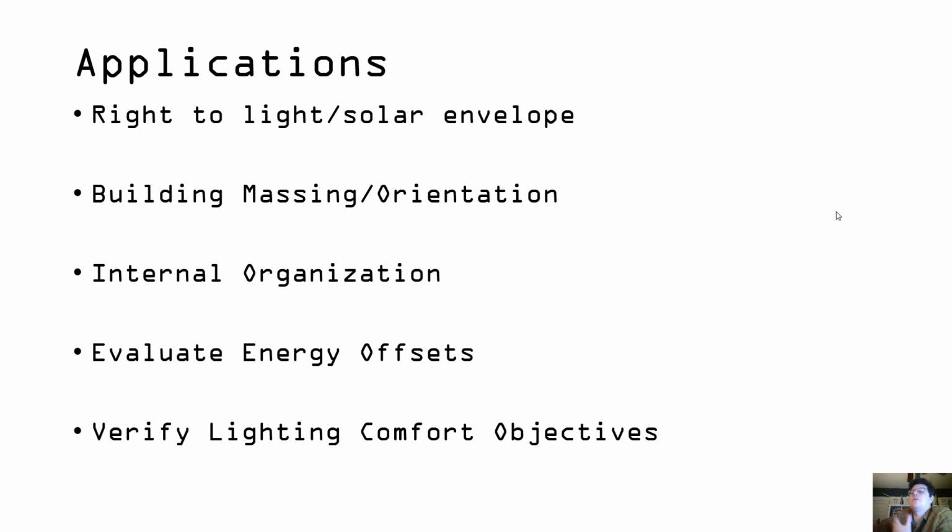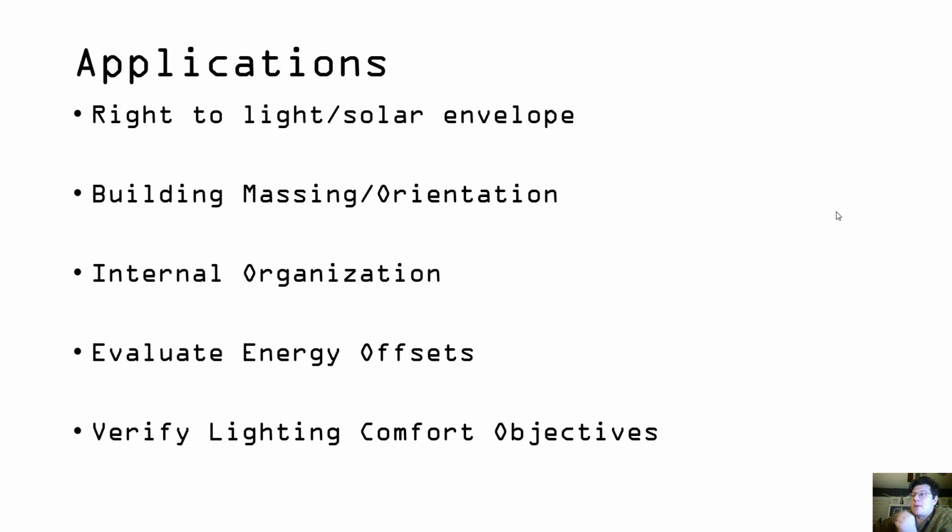Which then also, using daylighting analysis, it can inform the building massing and orientation of it. We can use analysis to inform the internal organization of rooms in a space. We can evaluate the energy offsets of daylighting versus electrical energy.